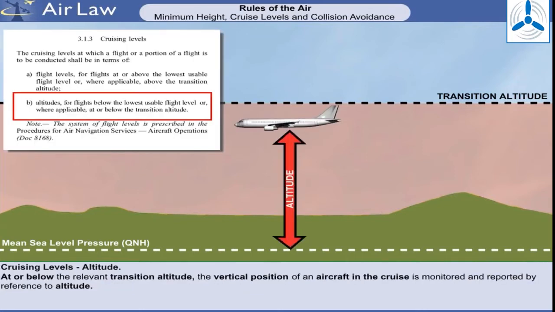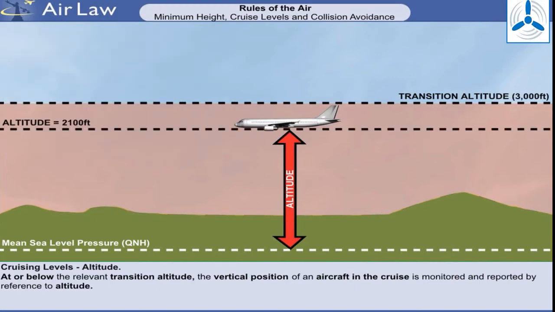At or below the relevant transition altitude, the vertical position of an aircraft in the cruise is monitored and reported by reference to altitude. Altitude is measured with respect to the local sea level pressure setting, which is known throughout the world of aviation as QNH. Over countries whose topography includes high ground and mountains, the transition altitude will be higher than over a low-lying country.